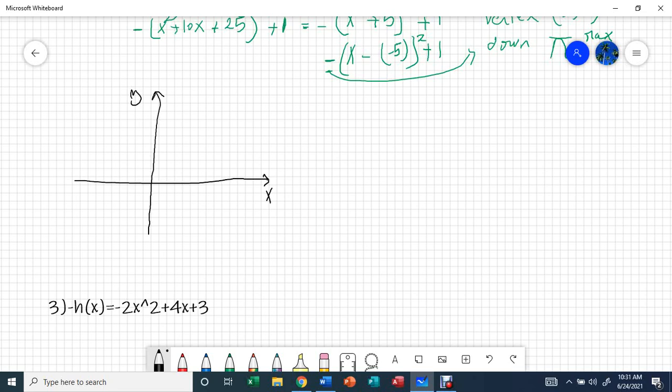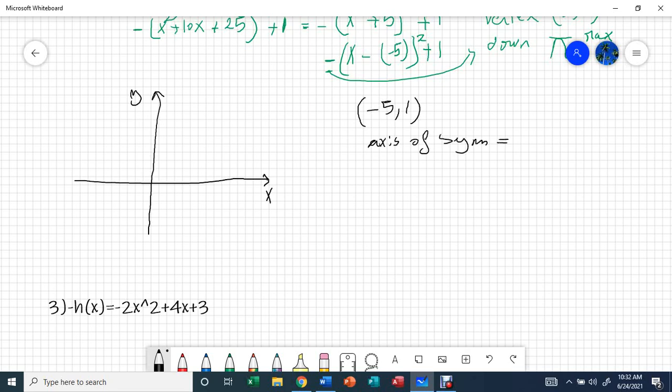The vertex, we said, is negative 5, 1. So that's my vertex. What's the axis of symmetry?